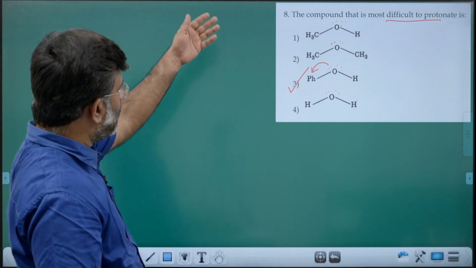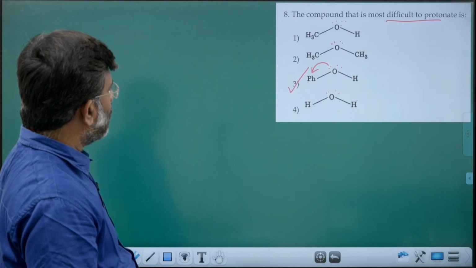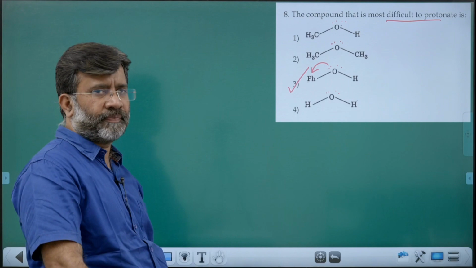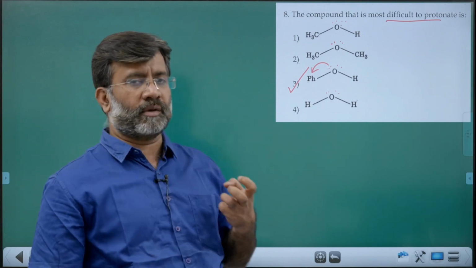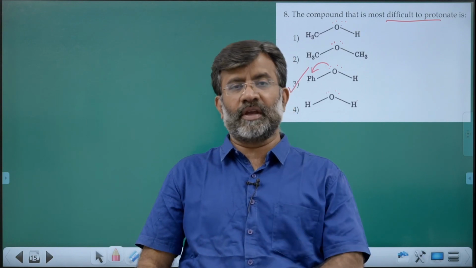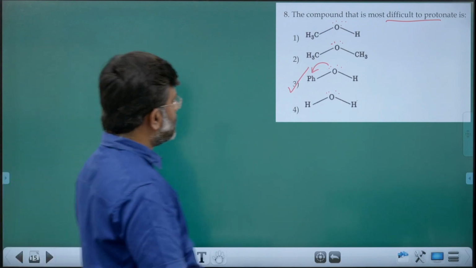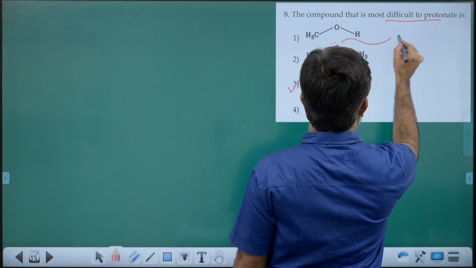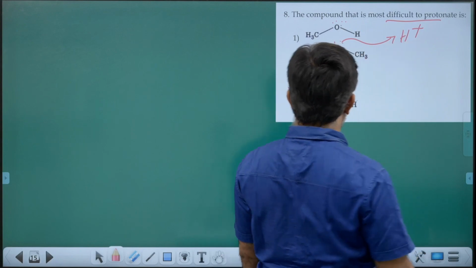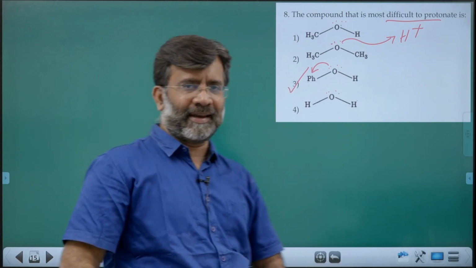Compared to options A, B and the fourth choice, phenol will be least protonated because the lone pair of electrons is distributed for resonance. Protonation means these electrons attacking H plus, so this tendency is minimum in this case because the lone pair electrons are involved in resonance. Next question.